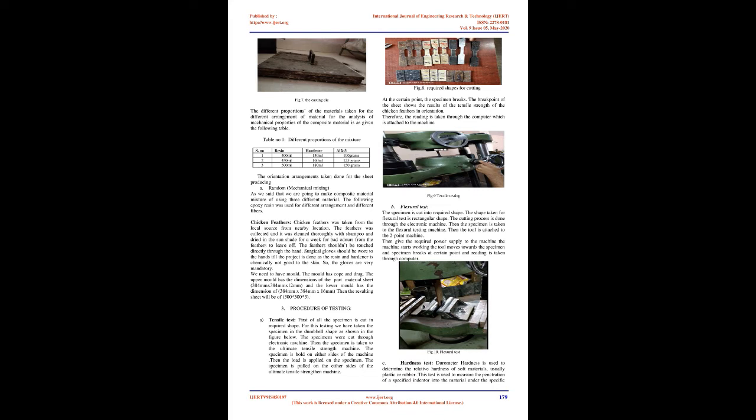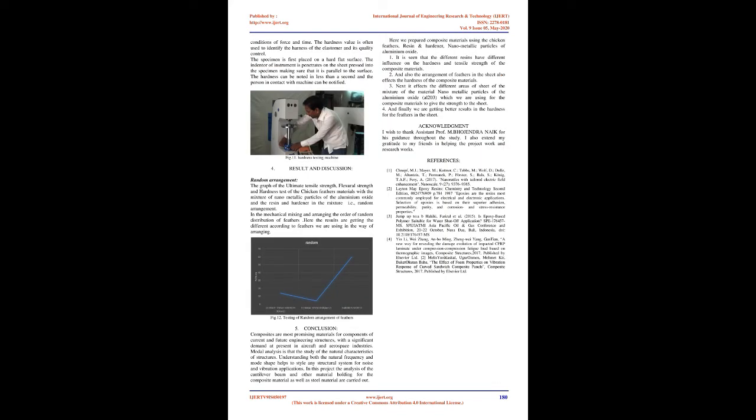The specimen is held on either side of the machine. Then the load is applied on the specimen. The specimen is pulled on either side of the machine. At a certain point, the specimen breaks. The breakpoint of the sheet shows the result of the tensile strength of the chicken feathers in orientation. Then the reading is taken through the computer attached to the machine.